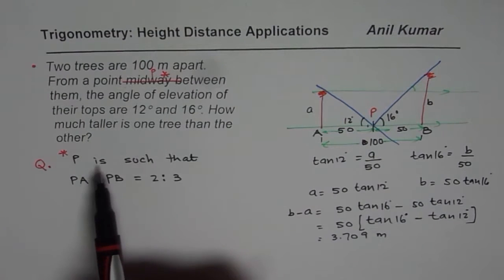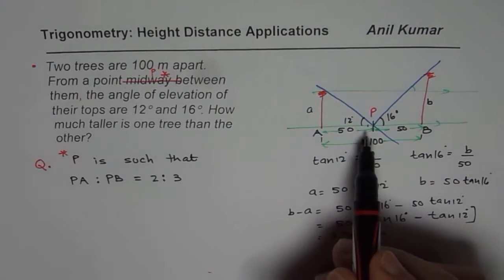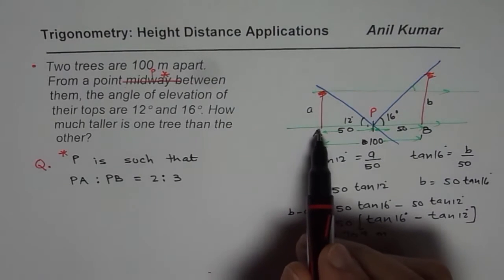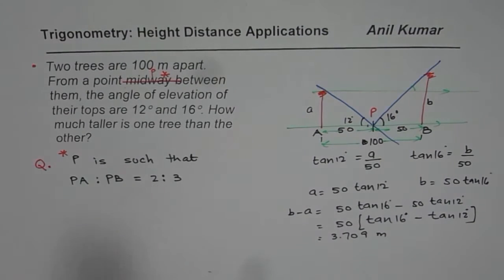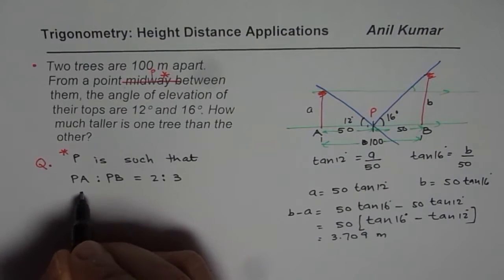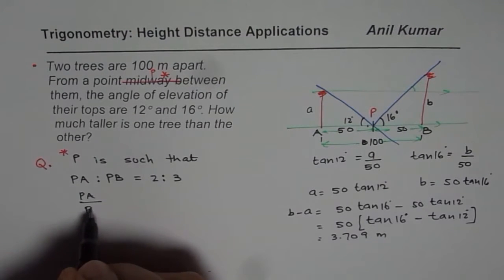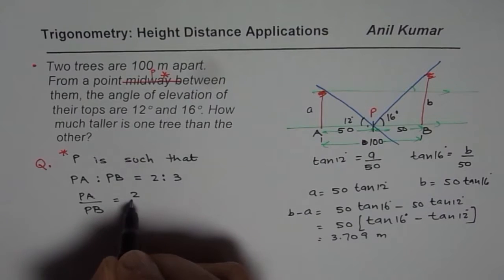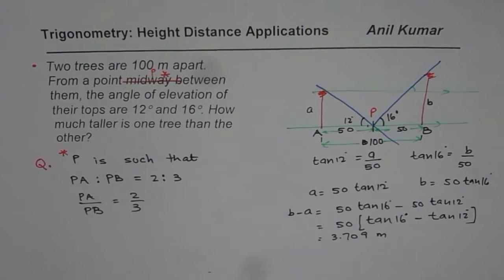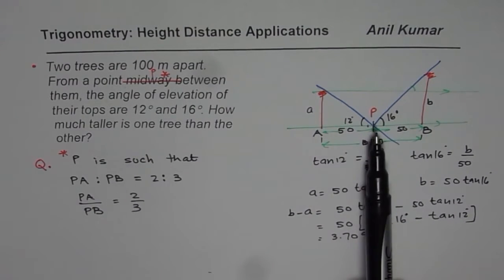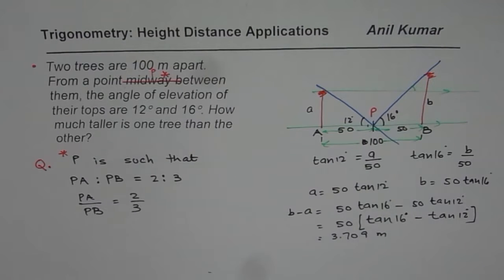The ratio is 2:3, or you can say PA over PB is equal to 2/3. That is the relation of the distance of point P with respect to A and B.